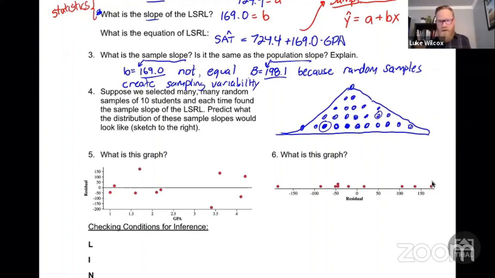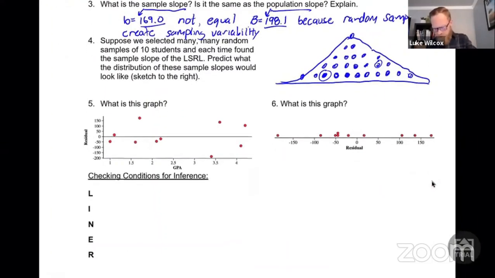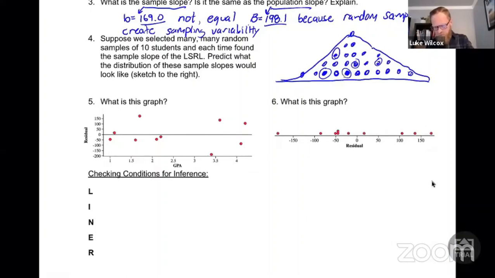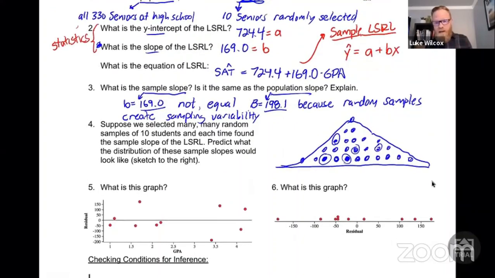And this is a different random sample of 10 and the slope calculated from that sample. And this is a different sample, and this is a different sample. So what we have here is what we call the sampling distribution of b, the sample slopes, because each one of those dots represents a different value for the sample slope based on a different sample of 10 students. I'm going to hope that it comes out as approximately normal. I can label that as capital N.